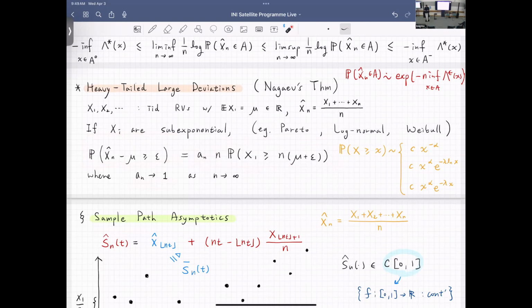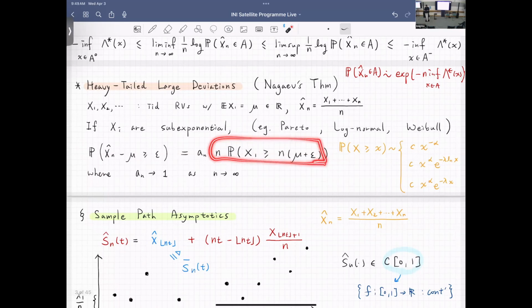So you see that this is exact asymptotics. It converges to 1. There's no ambiguity about it. So it's not log asymptotics. It's very exact asymptotics. This can be some polynomial rate, or it can be the tails of the log-normal or Weibull, but you have very exact asymptotics. All right, so there's this.